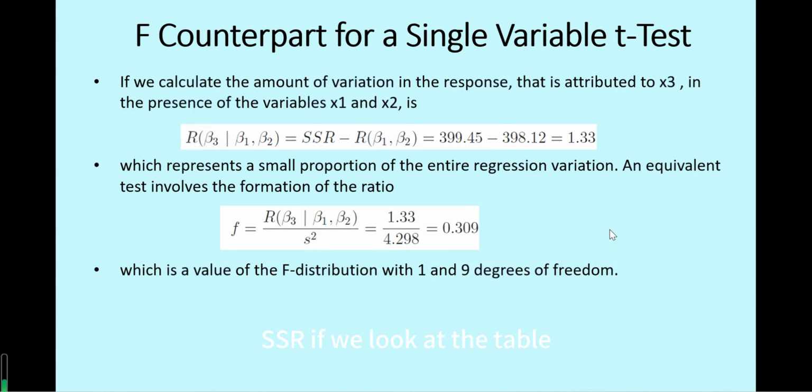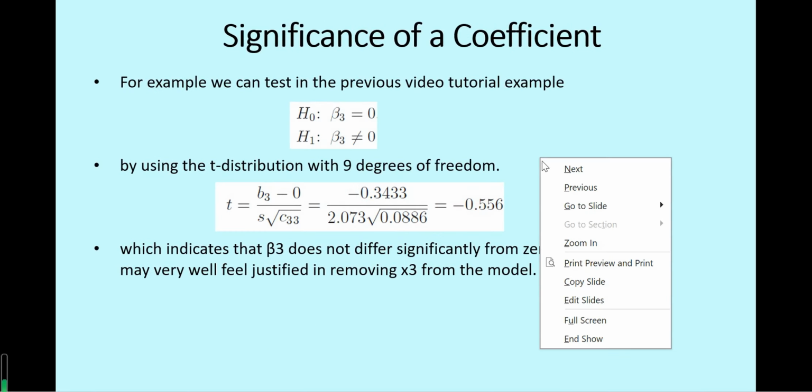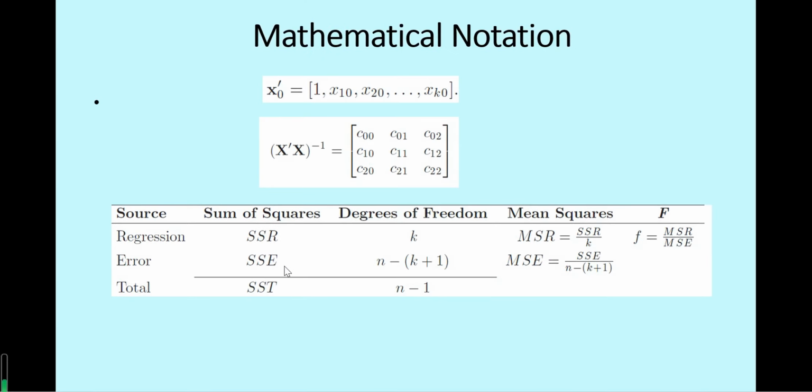If we look at the table, this is the SSR. We include 3 variables in the model, and this model can explain a certain percentage of the total SST of the response variation.